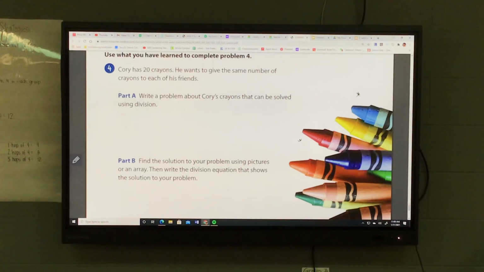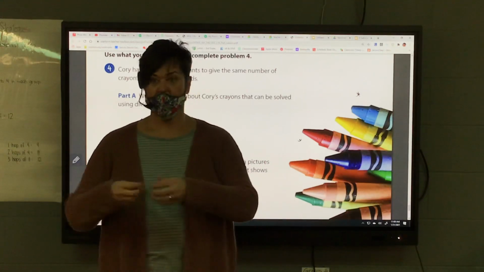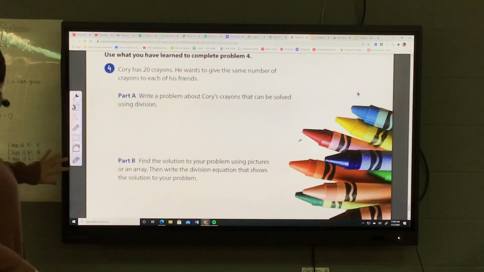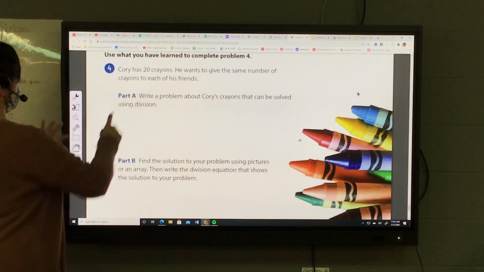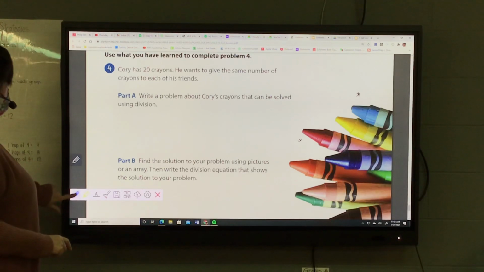Could we start it out with what they have? Corey has 20 crayons. Because do we need to know how many he has in all before we can start splitting anything up? Okay, so let's go ahead and write their information for our first part of our problem.